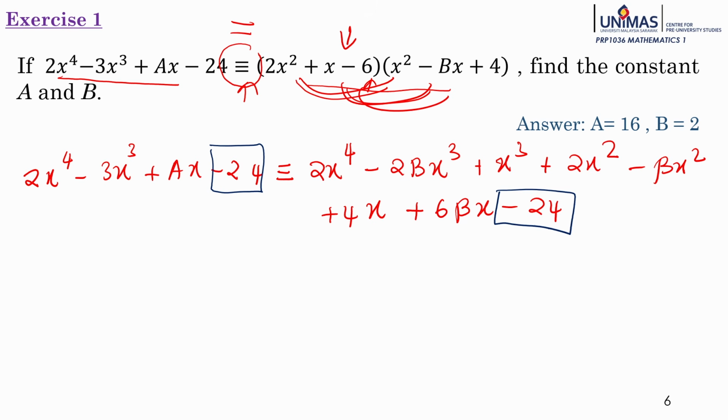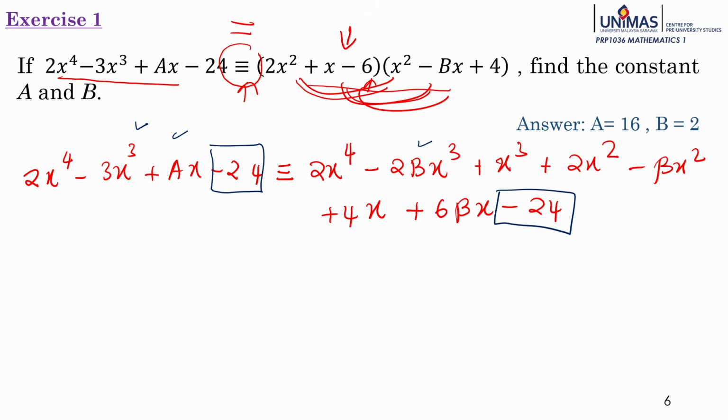Okay, now you want to find the values of a and b. A is here and b is here. So for b, you can find it when you compare with the power of 3.